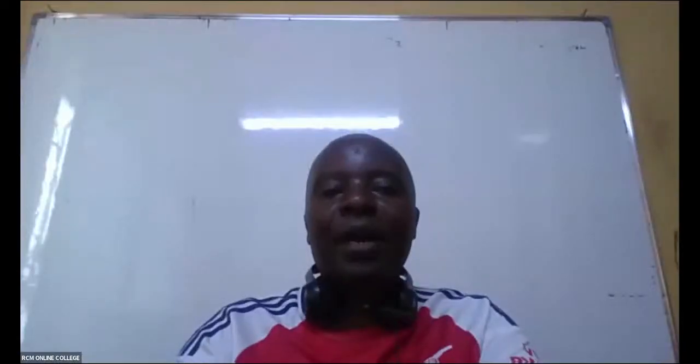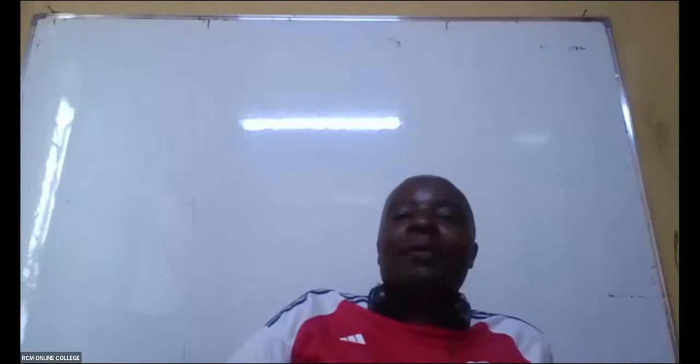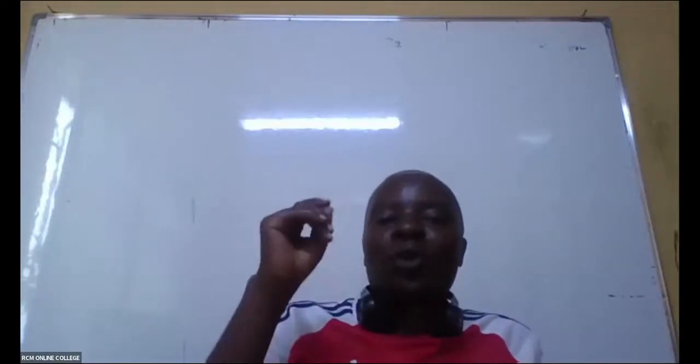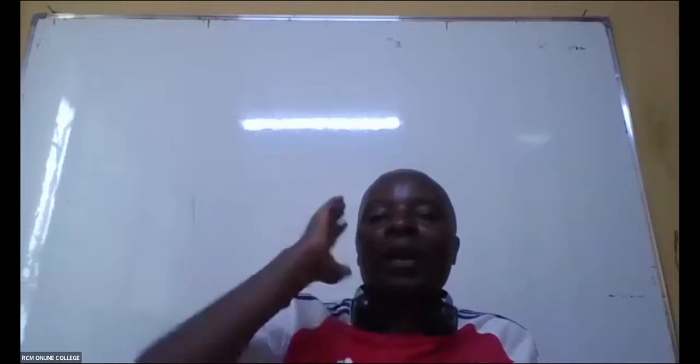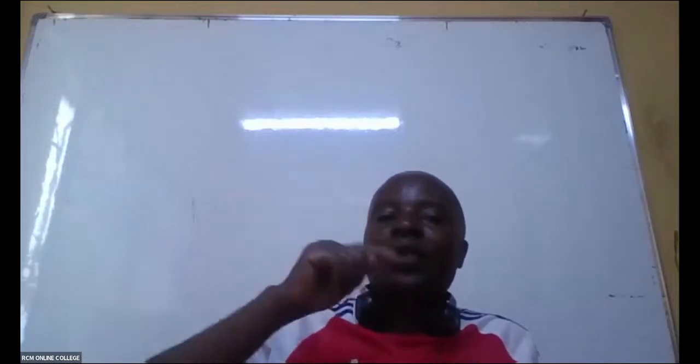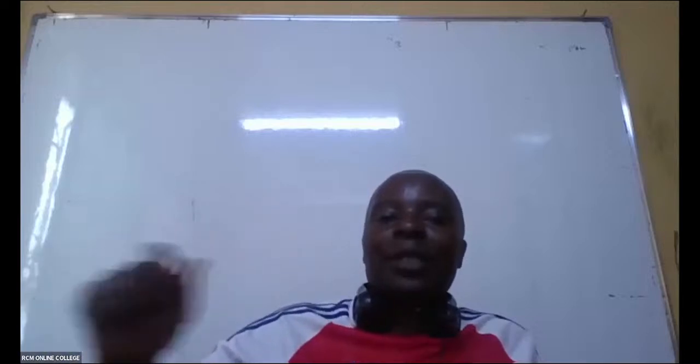Yeah, great. Now, I hope it's okay now. Now, ladies and gentlemen, please listen. We have what we call IPSAS 9, International Public Sector Accounting Standard number 9. And then we have IPSAS 23, International Public Sector Accounting Standard number 23.